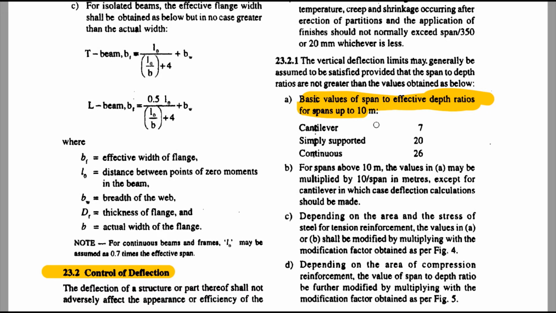So basic value of span to effective depth ratio for a span up to 10 meter: if cantilever, there is 7, simply supported 20, continuous 26. So we have the continuous, so 26 into modification factor. So length and depth ratio can be controlled by deflection by 26 into modification factor. Okay. So there is the equation.